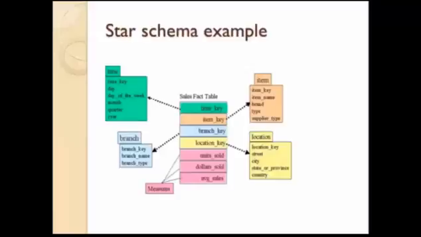But notice that since we are replicating the primary keys from the dimension tables into the sales fact table, that means that the fact table is going to be very large. It's going to be a combination of your dimension tables.